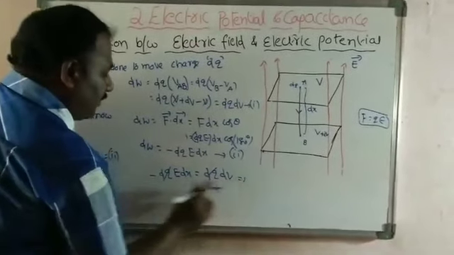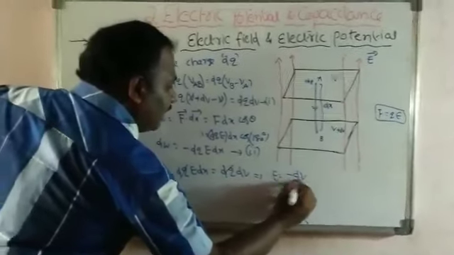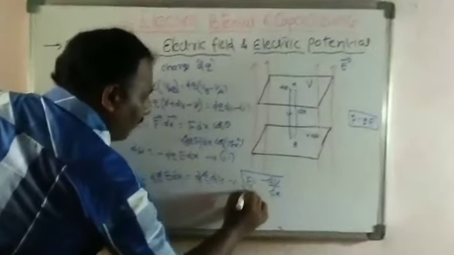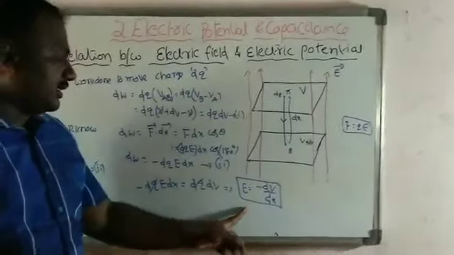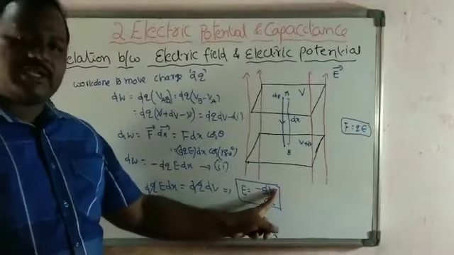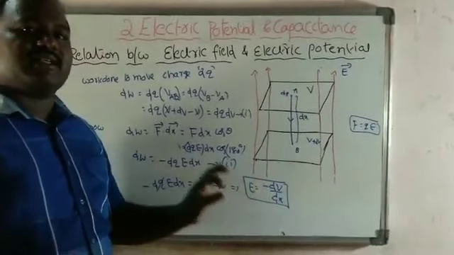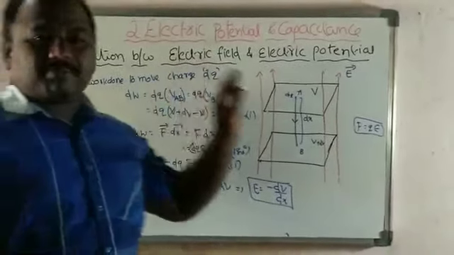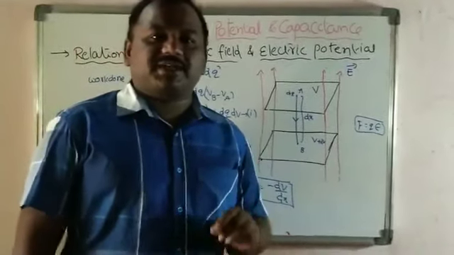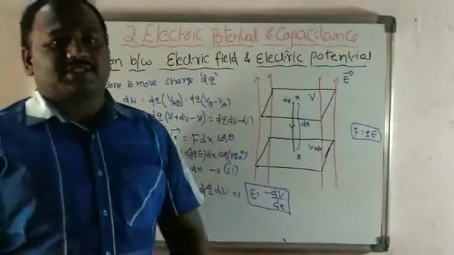From this we write E is equal to minus dV by dx. What is the relation between electric field and potential? The rate of change of electric potential with respect to distance is known as the electric field. See students, this is an important question, given many times in examinations: the relation between electric field and electric potential.